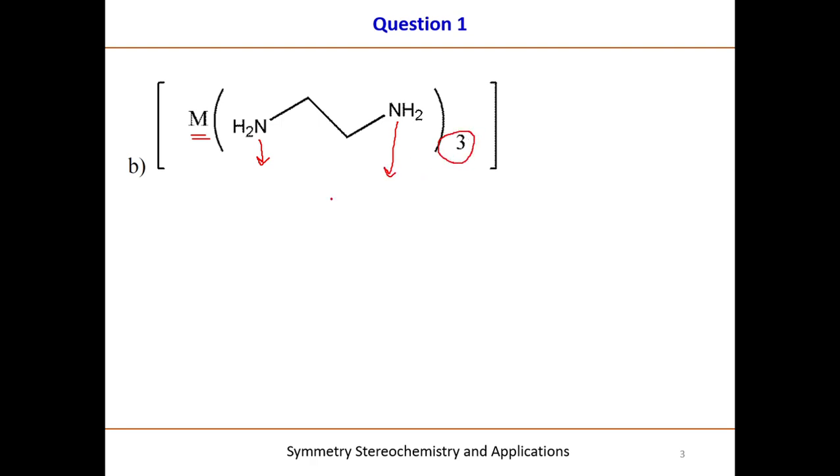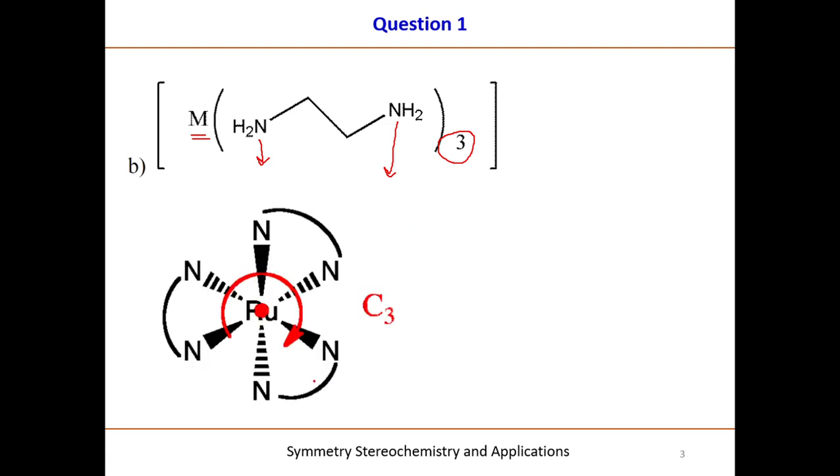That means it is a hexa coordinated metal complex. Hexa coordinated means each ethylene diamine is binding by two sides, and we have 3 ethylene diamine. That means we have a hexa coordinated metal complex in this way.